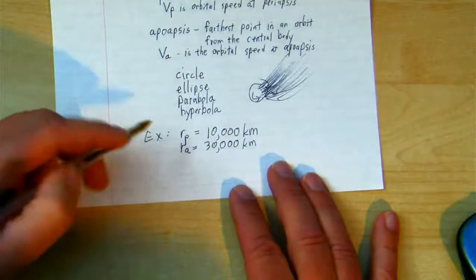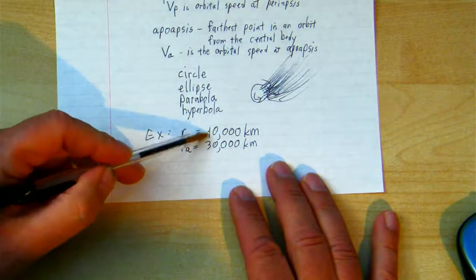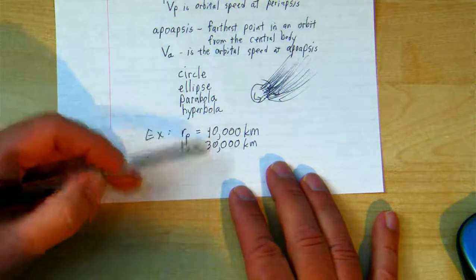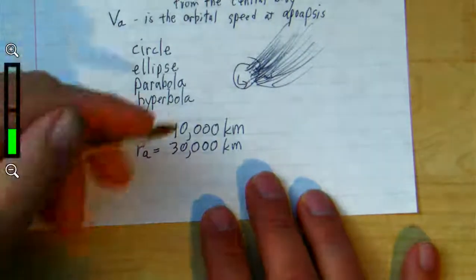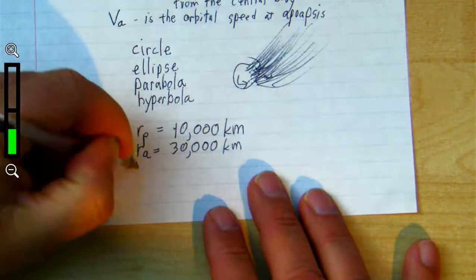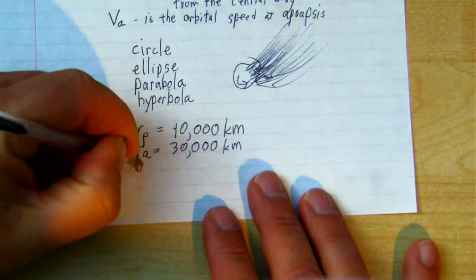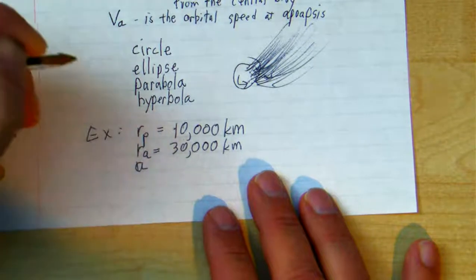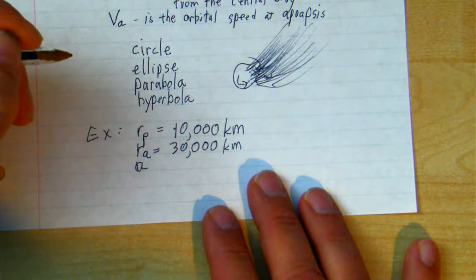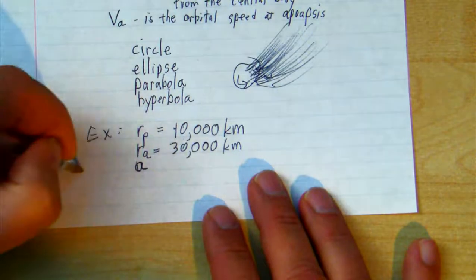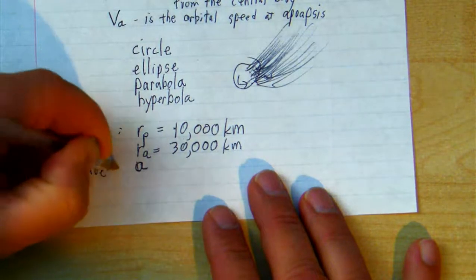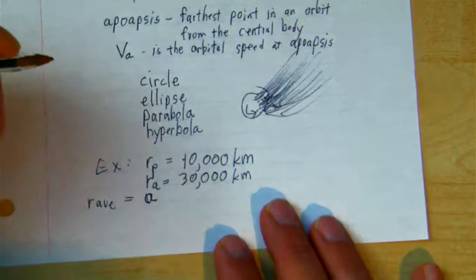Well, here you're going fast, there you're going slow, but how do you do calculations you want to know? So the average radius is the semi-major axis.